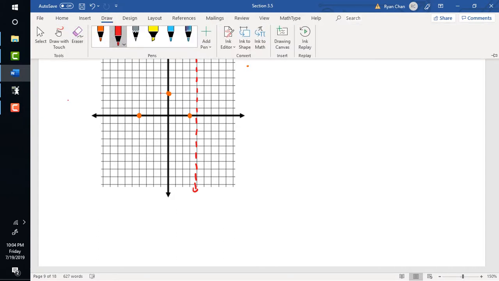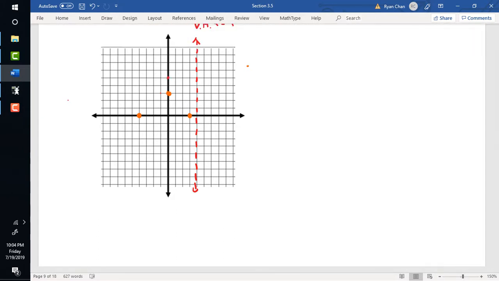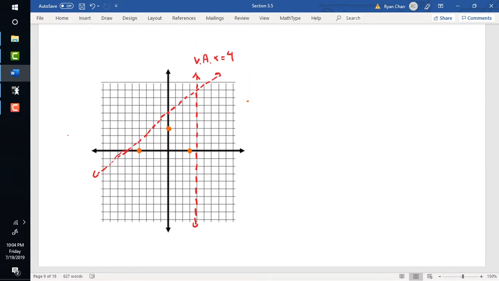Sorry, 1, 2, 3, 4, 5 is right here. And then you have a, there we go. So I have an oblique asymptote at y is equal to x plus 5, okay?